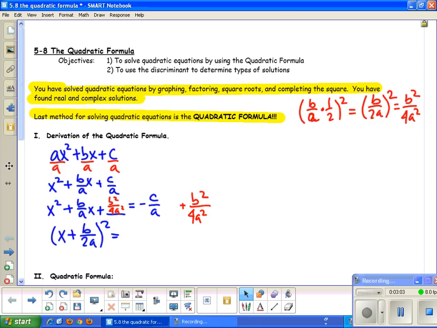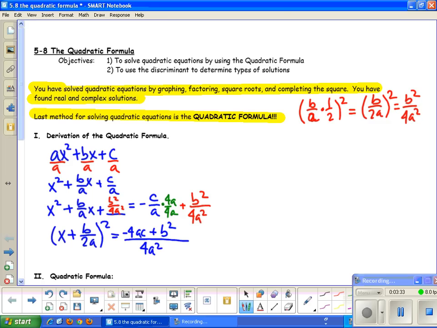So what's common between 4a squared and a? Well, 4a squared would be the least common denominator. That means I need to multiply this by a 4, and I also need another a to make the a squared. So this is going to help me write it as one fraction. When I do that, I get negative 4ac, because remember you write the variables in order and the number in front, plus our b squared over 4a squared.